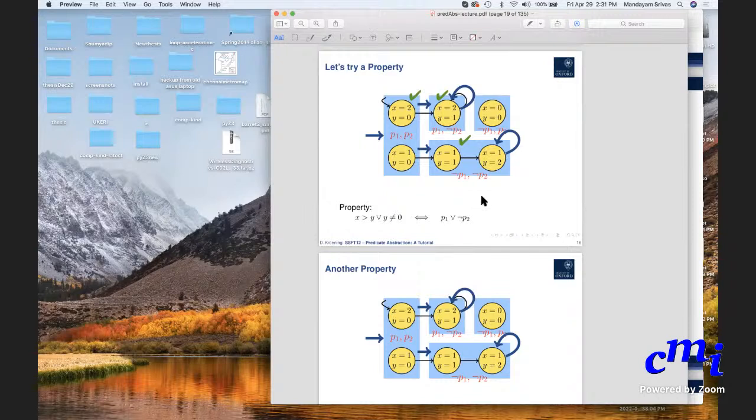So, what you could do is you could still compute the strongest possible, the least fixed point of this model, okay? By running the fixed point computation, you can do it.